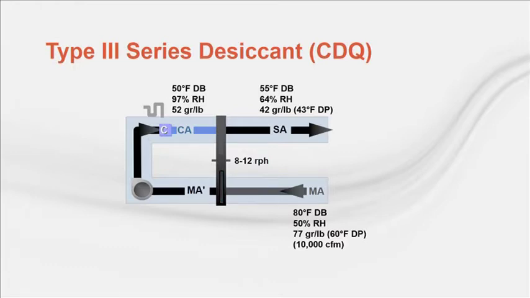The water vapor that was adsorbed after the cooling coil re-enters the airstream before the coil. This raises the dew point of the air entering the coil from 60 to 64. It also pre-cools the air from 80 to 75 degrees. The transferred water vapor then condenses on the cooling coil and the process starts again.